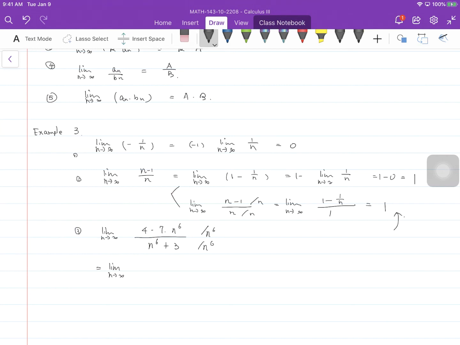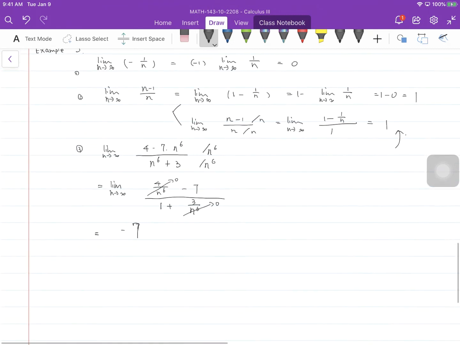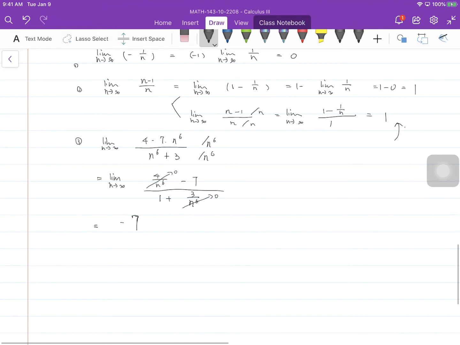Here it becomes 4 over n to the 6 minus 7 for the numerator, right? Denominator 1 plus 3 over n to the 6. And because n goes to infinity, this term goes to 0, this term goes to 0, and be careful, it's -7 over 1, so the final answer is -7. Okay, this is how we do this kind of problem.